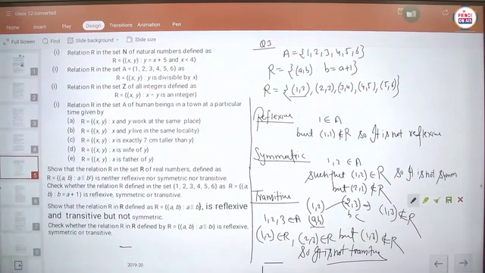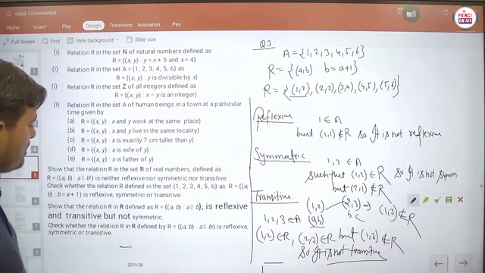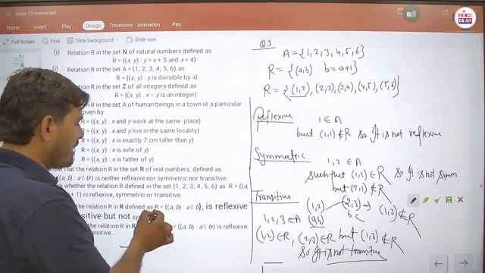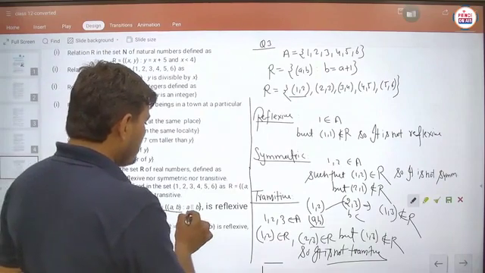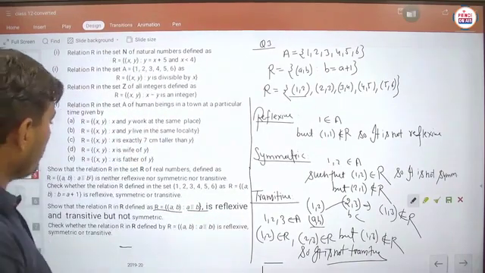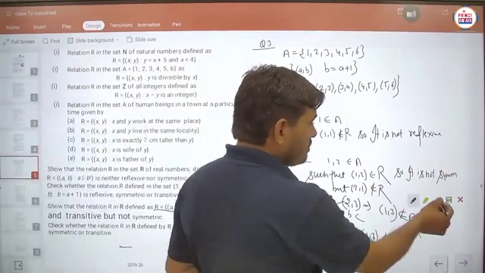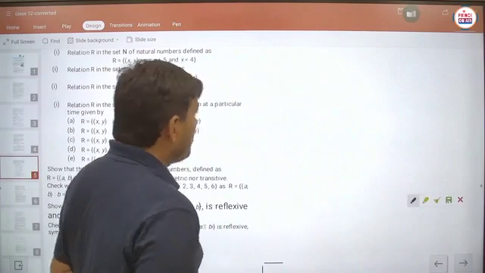Question number 4 says that the relation R on the real numbers, defined as R equals (A, B) such that A is less than or equal to B, is reflexive, transitive but not symmetric. So basically we are solving this question.